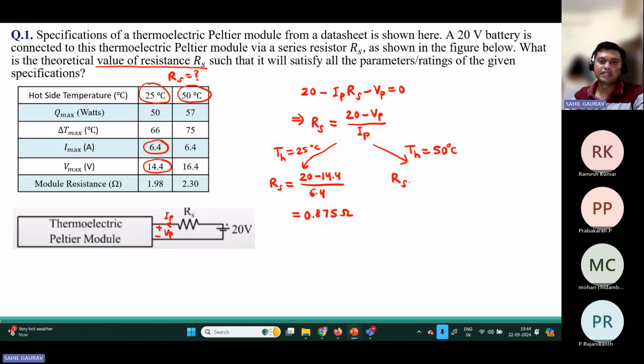Now for 50 degrees Celsius, this will come as (20 minus 16.4) upon 6.4. This will come as 0.5625 ohm. Now tell me which value I should select such that this will satisfy all parameters of the given specification.